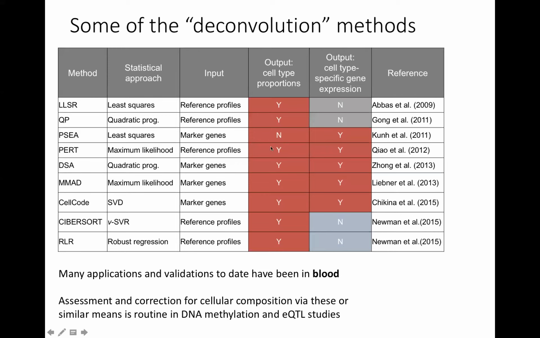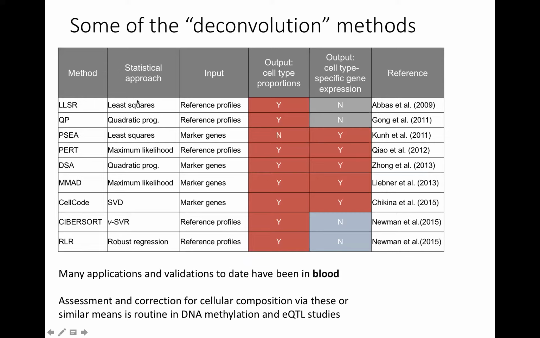Again, to highlight that this is not a new idea, it's an active area of research to develop methods for doing this kind of deconvolution. Here's a list of some that Leela put together, based on the literature. I'm not going to go through this, it's just to point out a couple of things. First, there are a bunch of methods.